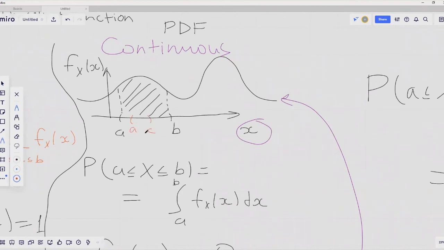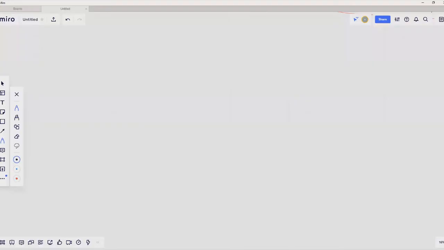Let's say our interval from A to B is over here. First, we have to find an area under that interval. Then we have to find an area under an interval from C to D and sum those two.